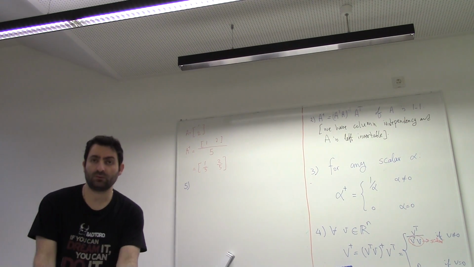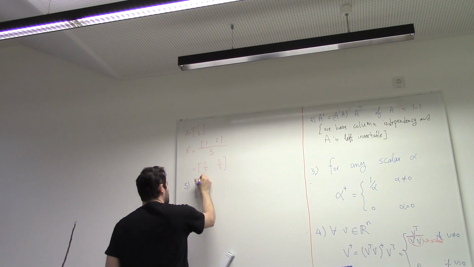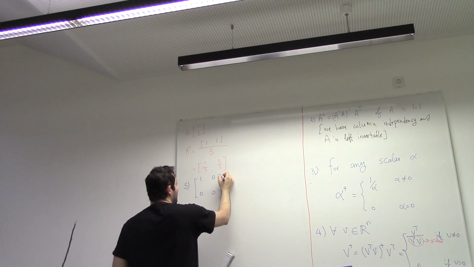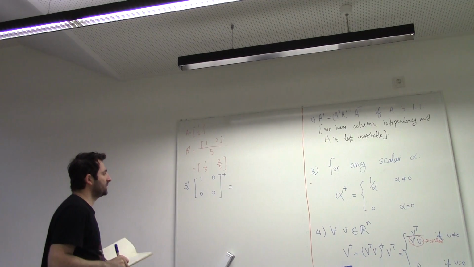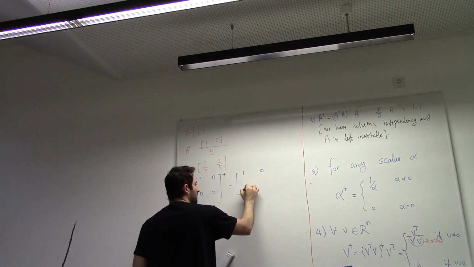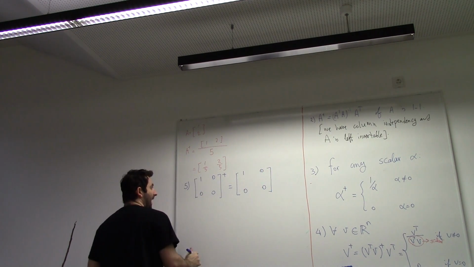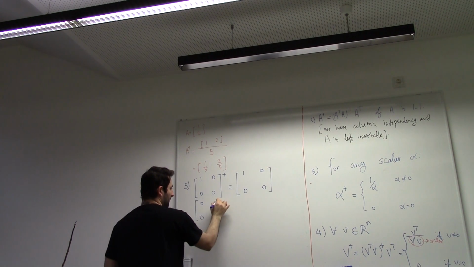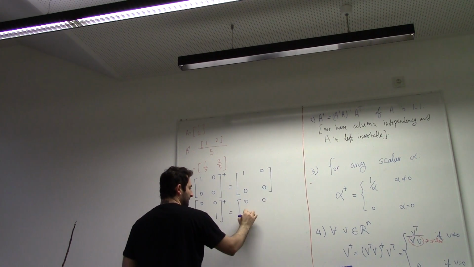Fifth, good properties. 1, 0, 0, 0 is a very well-known singular matrix whose pseudo-inverse is 1, 0, 0, 0. And similarly, 0, 0, 0, 1 pseudo-inverse is 0, 0, 0, 1.